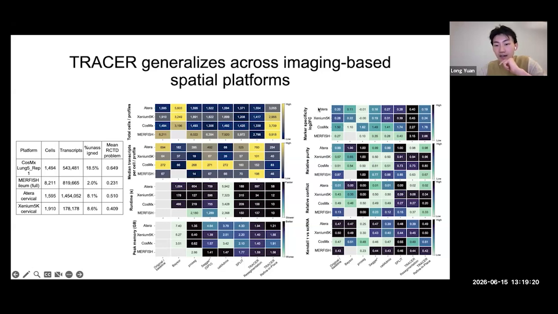It's worth mentioning that Split performs very well on reference-based concordance metrics, which is expected because its objective is closely related to RCTD-based deconvolution against the reference single-cell RNA-seq data. So the broader message is that Tracer is not a platform-specific patch. It is a general coherence-based layer that can sit on top of multiple spatial technologies.